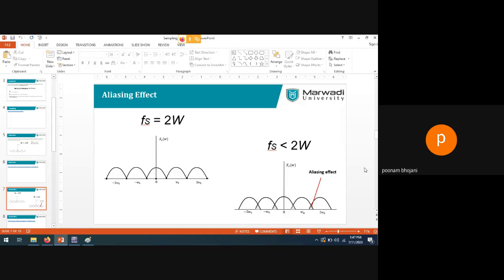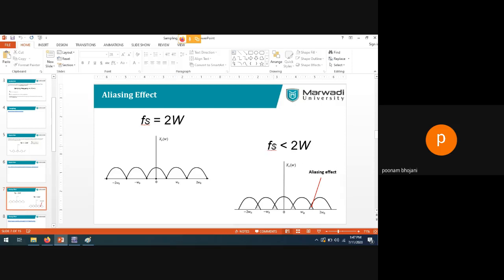If you keep your sampling frequency exactly equal to twice the maximum frequency, and you plot your signal in the frequency domain, then each signal will not overlap with the other. Your signal will be the same as the input signal.